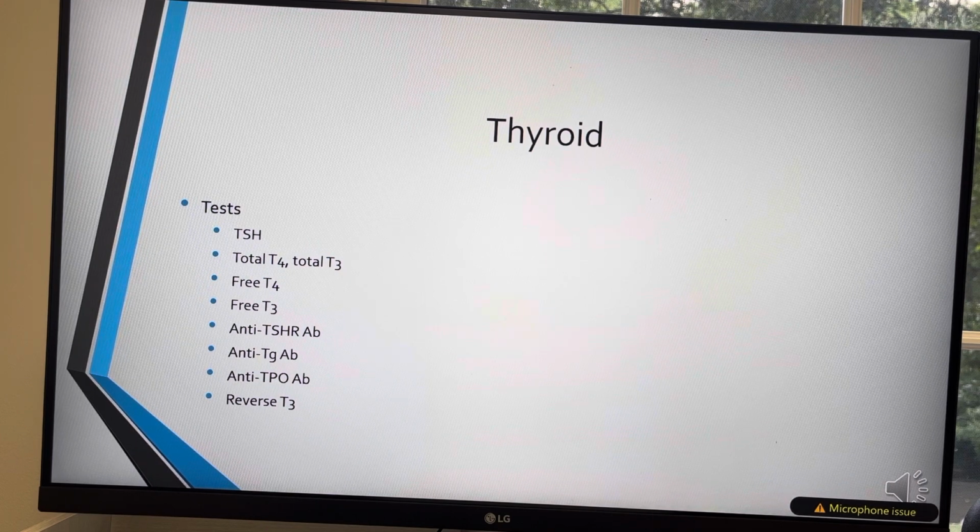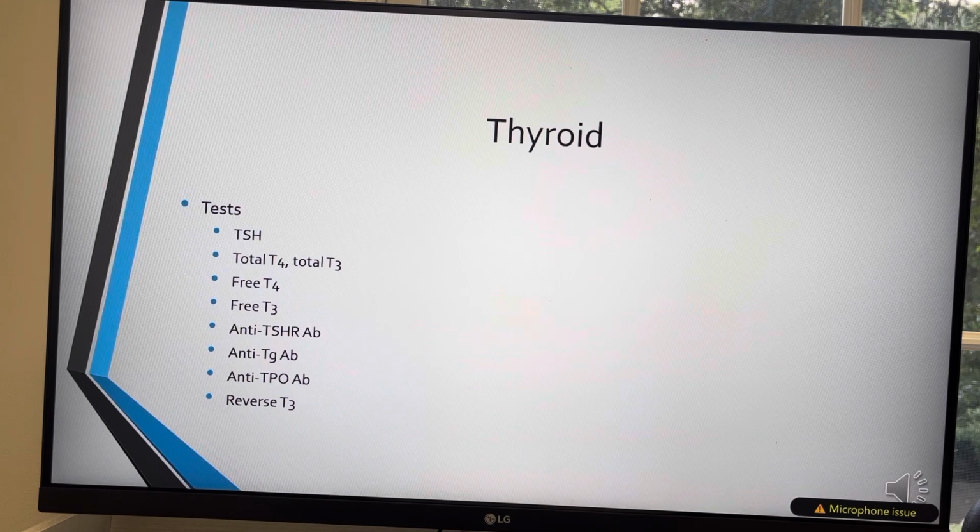And then we have the thyroid autoantibodies. Anti-TSHR antibody is also known as anti-TSH receptor antibodies. Anti-TG antibody is thyroglobulin antibodies. Thyroglobulin donates tyrosine to combine with iodine to become T4 and T3, so it's just involved in the manufacturing of T4 and T3.